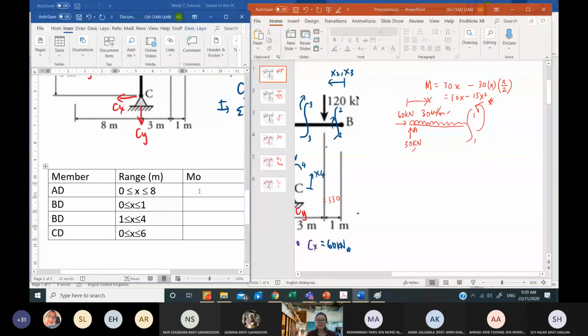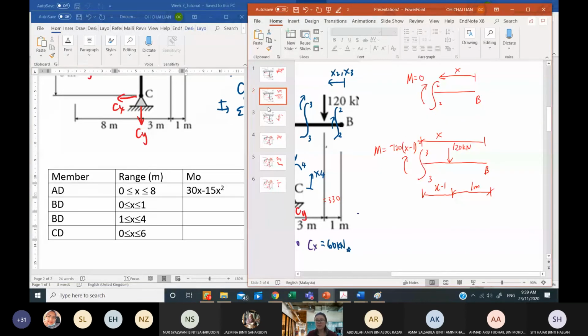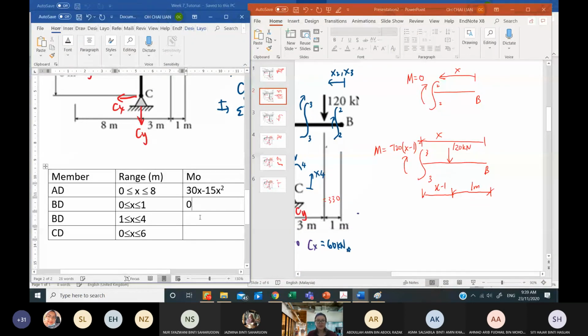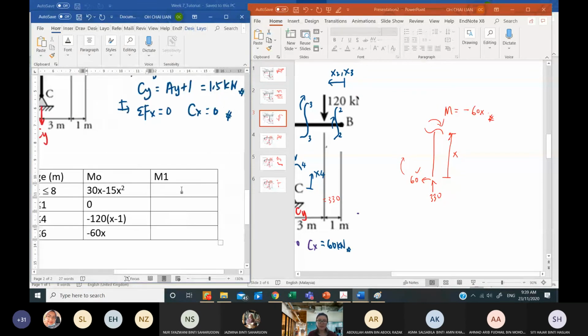Okay, so my M0 for AD is 30x minus 15x squared. So please check my work. Then I move to BD. BD is 0, and the next is negative 120 times x minus 1. The last one will be negative 60x. Done for M0.